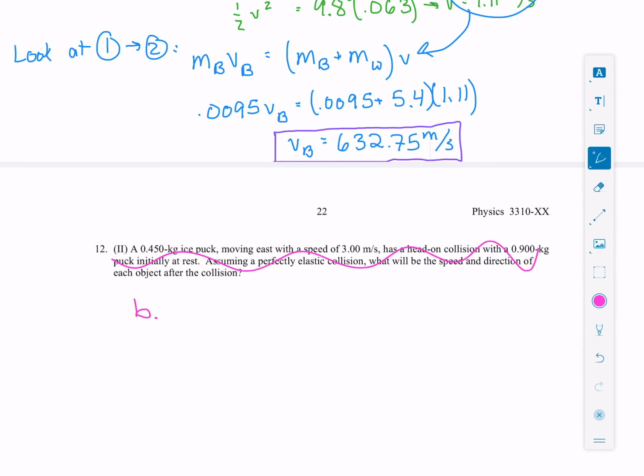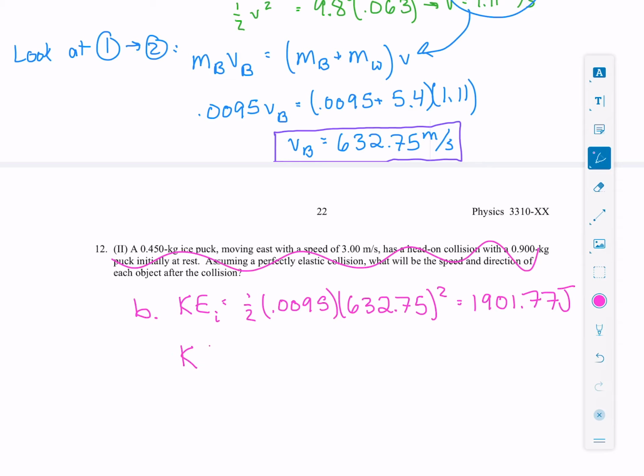So we're going to go to part B. We can figure out the kinetic energy of the bullet. So the initial kinetic energy is 1/2 times the bullet's mass, 0.0095, times the speed, 632.75 squared. So the initial kinetic energy is 1901.77 joules.